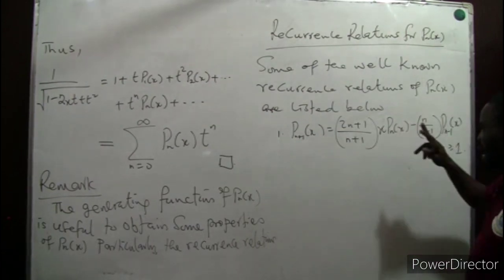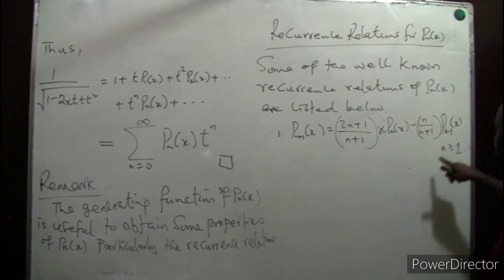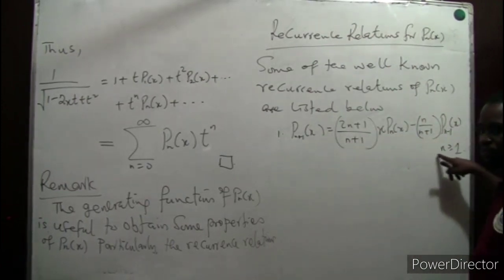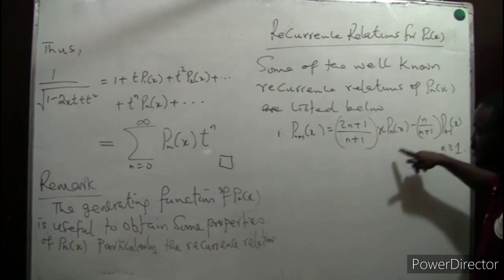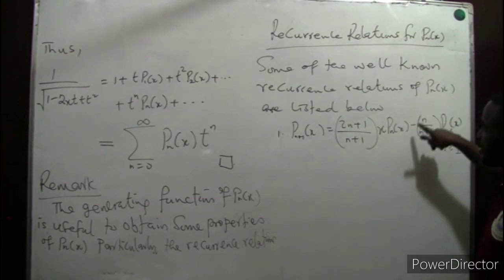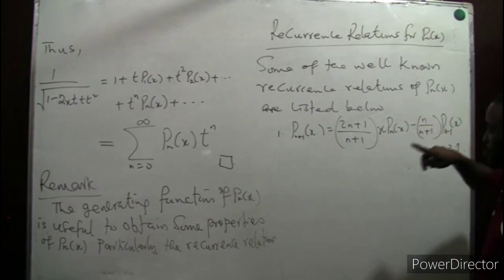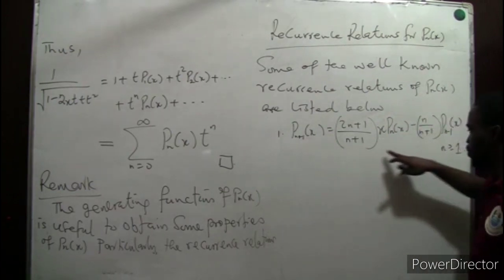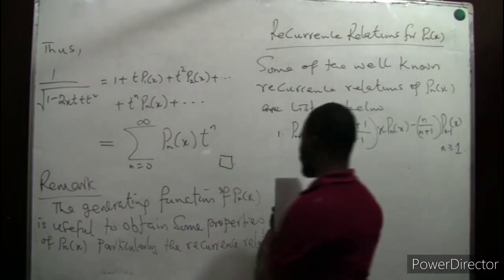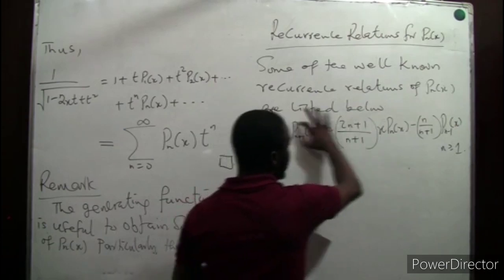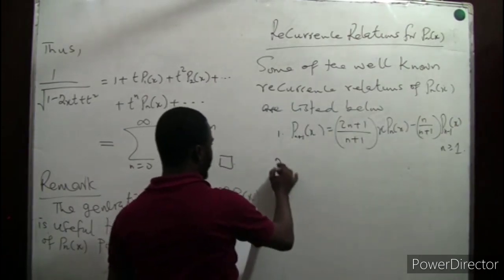That means I must have known the values of P0 and P1 before using this formula. So from subscript 2 upward, we can generate the Legendre polynomials using the first relation.